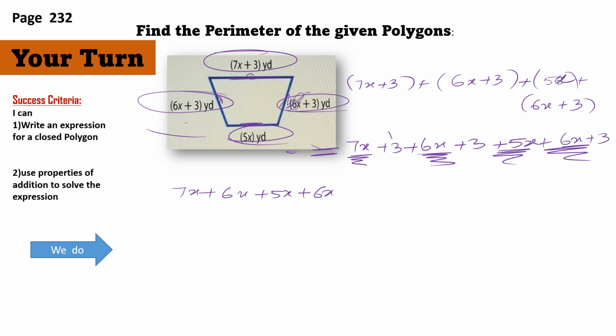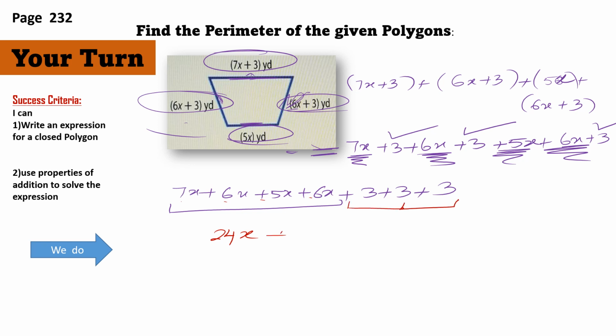And all the numbers, 3 plus 3 plus 3, together. Now from here till here there are x, right? So you just add them. So 7 plus 6, 13 plus 5, 18 plus 6, 24x. Then 3 plus 3, 6 plus 3, 9 plus 9.